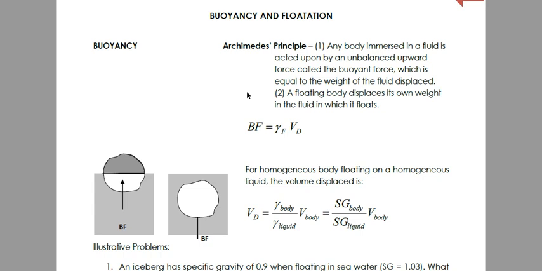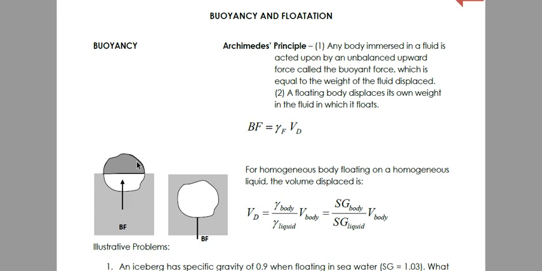So, ito yung formula natin to solve for the buoyant force. So let's try to illustrate that. We have two conditions in here. The first one is when the body is floating. So pag nag-float yung body, hindi yung buong body or yung buong object ang fully submerged.